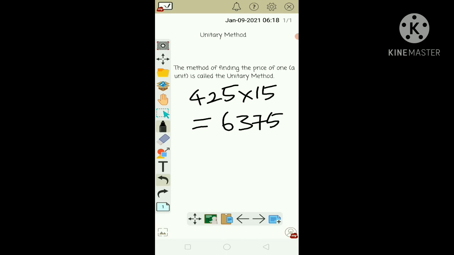We just multiply. In this kind of sum, we can simply multiply. With some kinds of sums we need to multiply, sometimes division, sometimes subtraction will also come. So you have to think and find a solution. In this sum, the cost of one pair of shoes is 425, so what is the cost of 15 pairs of shoes? You simply multiply. That's all.